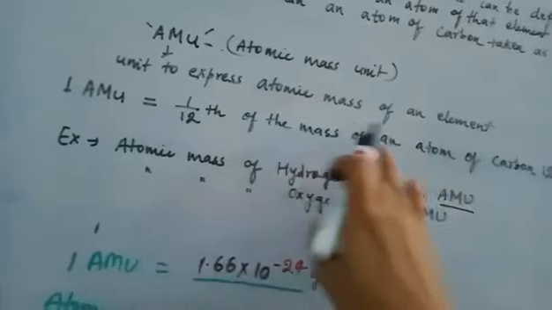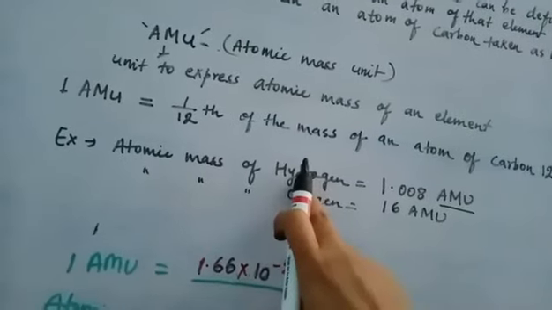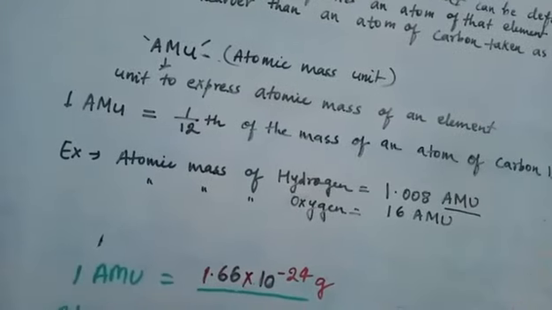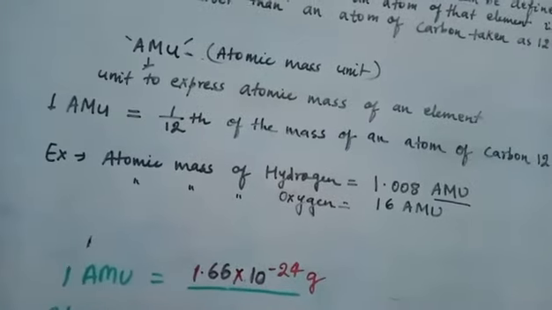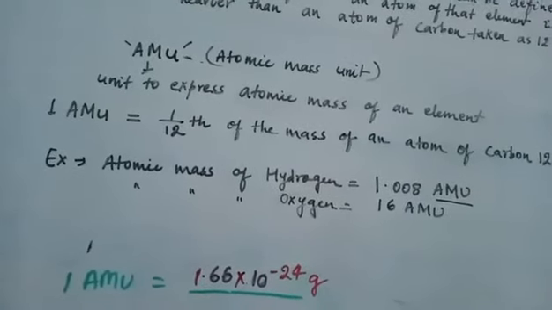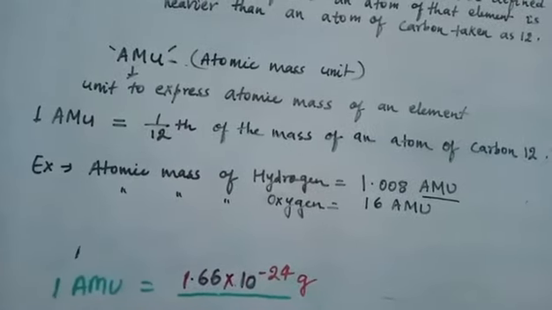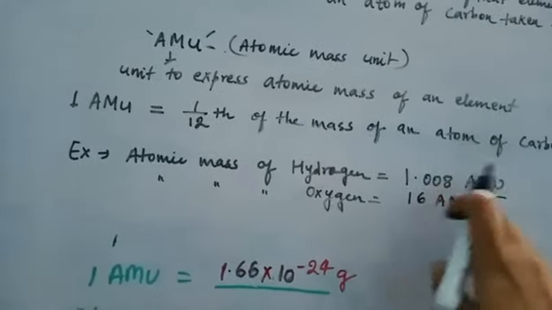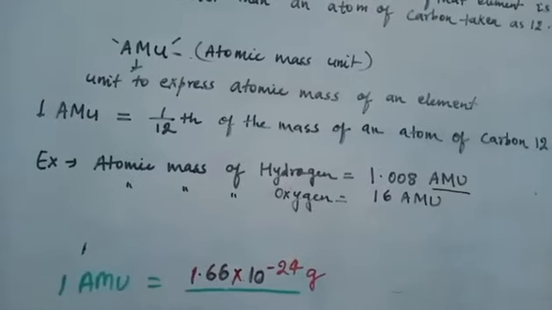Because hydrogen is about 12 times lighter than one atom of carbon 12, so it has a value of about 1 AMU, that is 1.008 AMU.